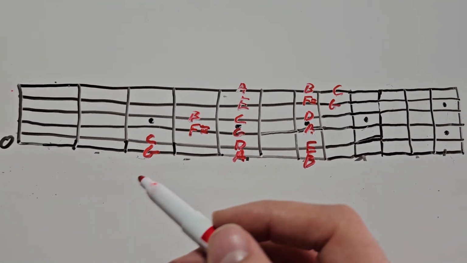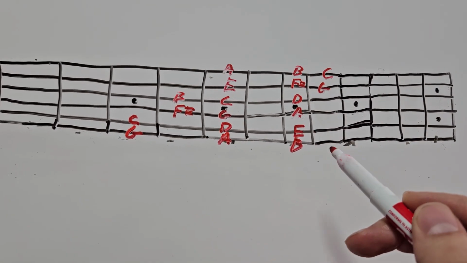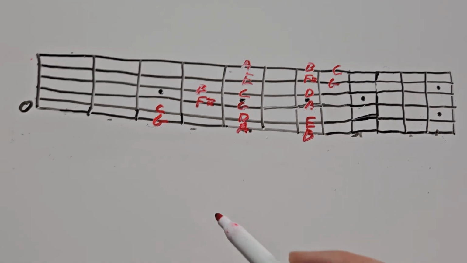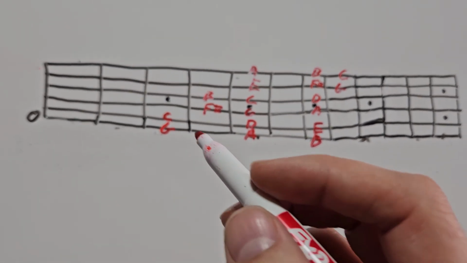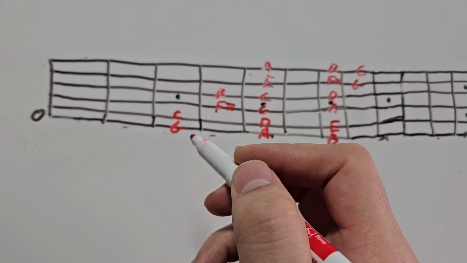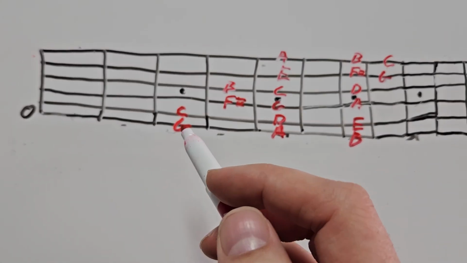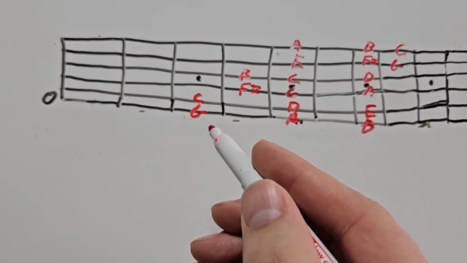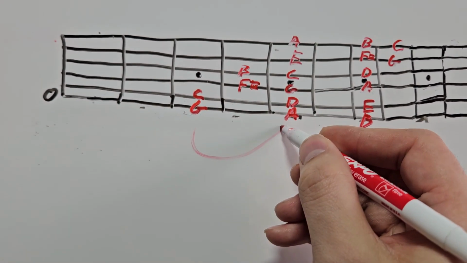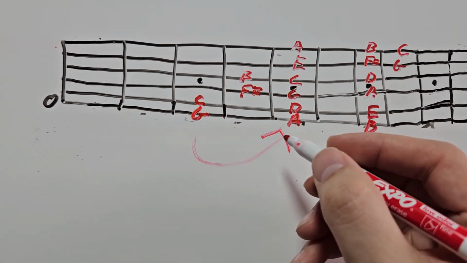You can move this pattern anywhere you want to, and you will be in whatever key your starting note is. So right now we're in G. You could easily take this pattern and move it up to the 5th fret.